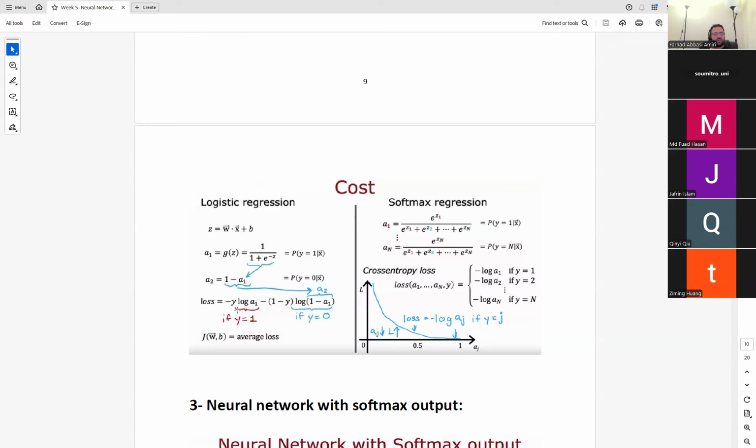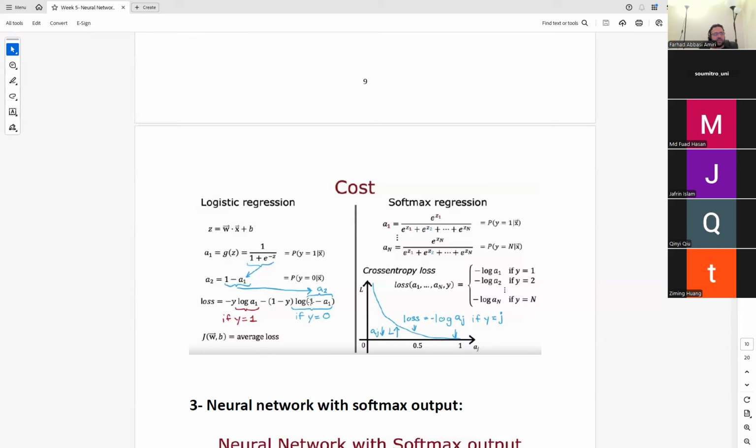You remember from chapter 2, the loss function for logistic regression or binary classification was minus y log of a1 minus 1 minus y times log of 1 minus a1, right? And then log of a1 if y is equal to 1.